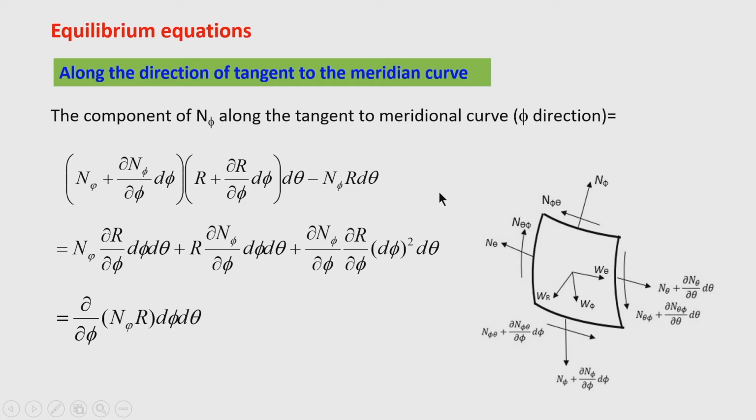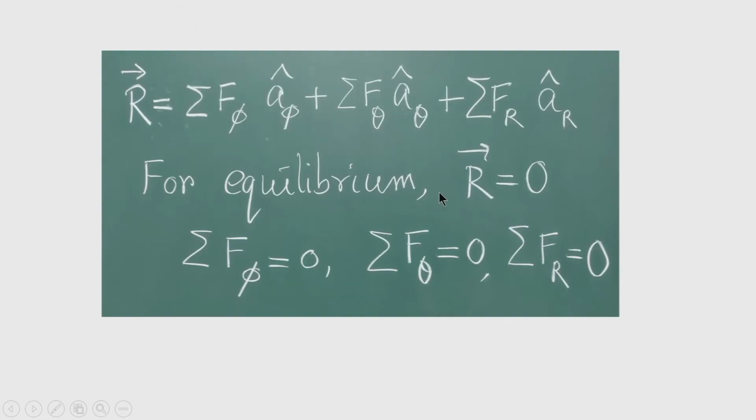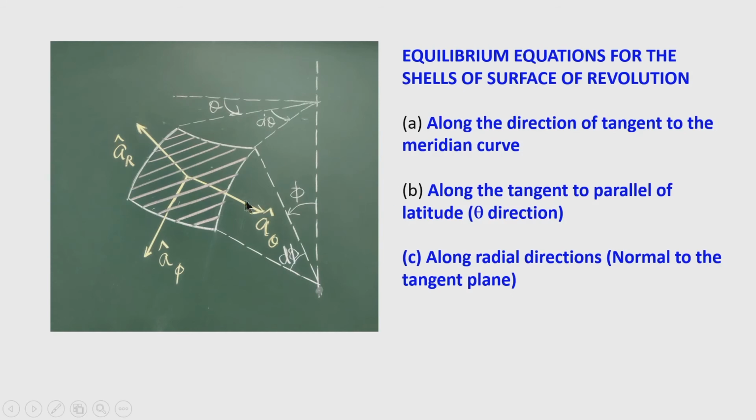Now, you can see from the basic figure that the radius of the parallel circle is variable. The parallel circle here has radius, say r, but at this position the radius is not equal to the radius at this point.